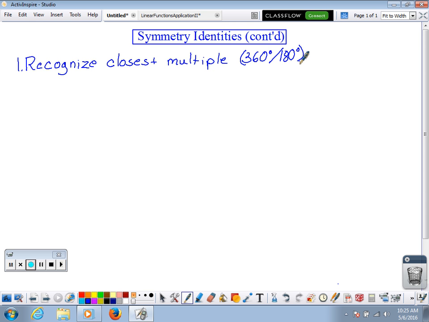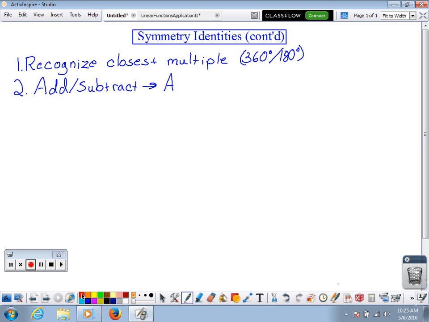I'm specifying an odd multiple of 180 degrees because an even multiple of 180 degrees would be a multiple of 360 degrees, thus making it redundant. So once we figure out which one's the closest multiple, whether it's a multiple of 180 or a multiple of 360, then we think about whether we have to add or subtract to get to that first quadrant angle.